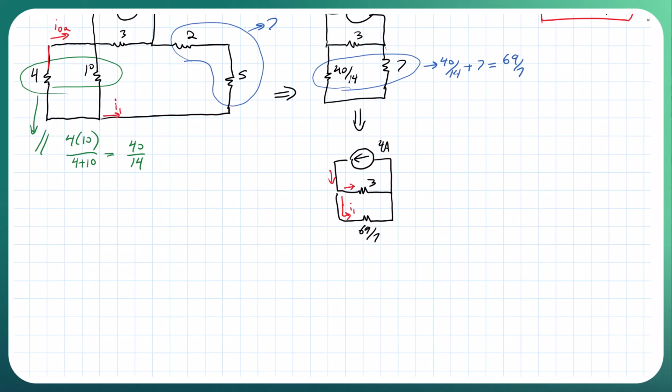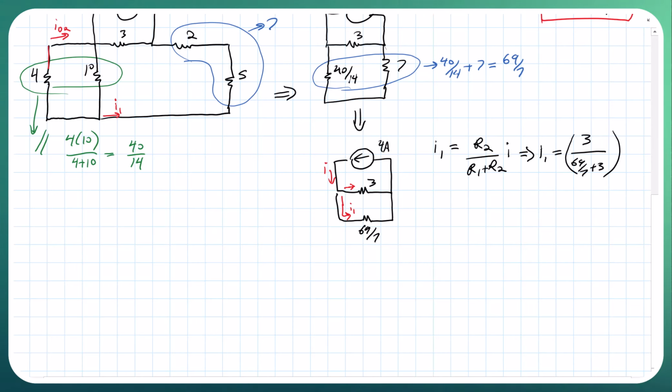So now, based on this, we can do current division. So we know I1 is equal to R2 over R1 plus R2 times I, where this is going to be our I, and this is going to give us I1 equals 3 over 69 over 7 plus 3, all this multiplied by 4 amps.